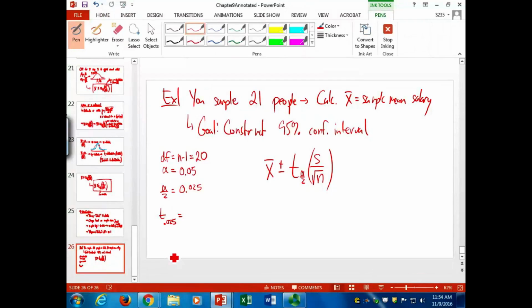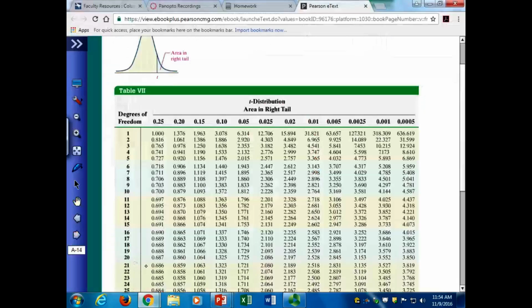Just like with the z table, we're looking for the place where 0.025 is above. So we go to our t table here and we're going to be on this column, because we're looking for t sub 0.025. So I know my t value is going to come out of this column, and then I scroll down to the intersection of the alpha over 2 and the degrees of freedom.